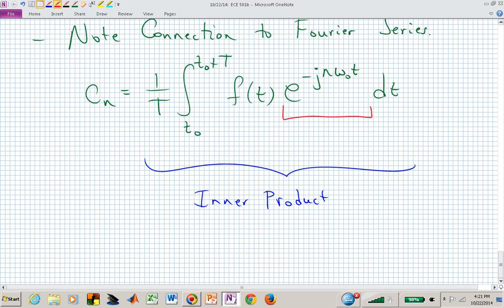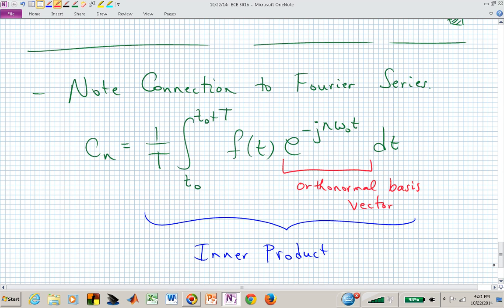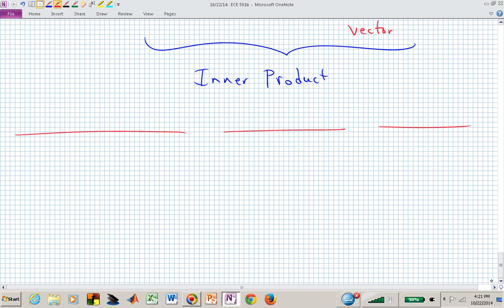And what's the length of this? That complex exponential has a magnitude of 1, so this is an orthonormal basis vector in this inner product. That's just something to connect to, a different abstraction from what we've talked about with these finite dimensional vector spaces.